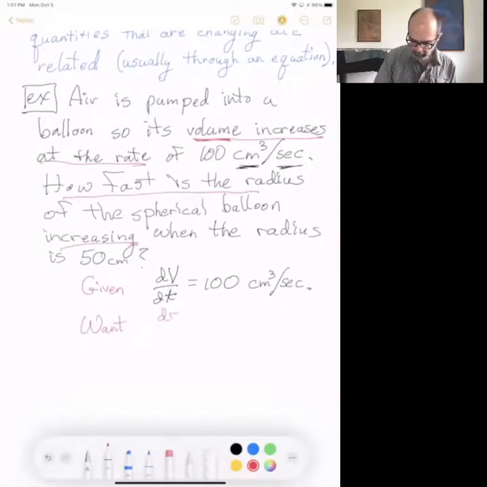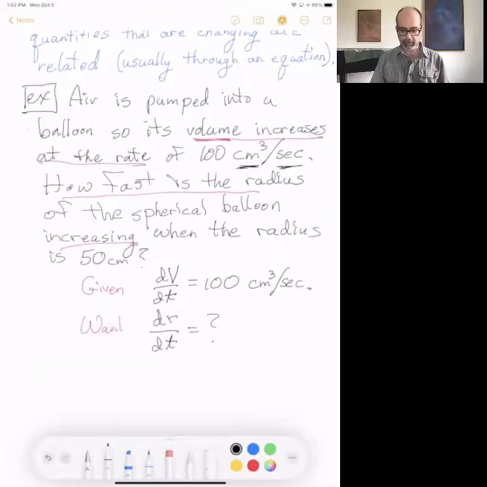We want the rate of change. So we want how fast the radius is increasing. So that's a rate of change of the radius with respect to time, because it's talking about how fast it's increasing. And we don't know what that is yet.